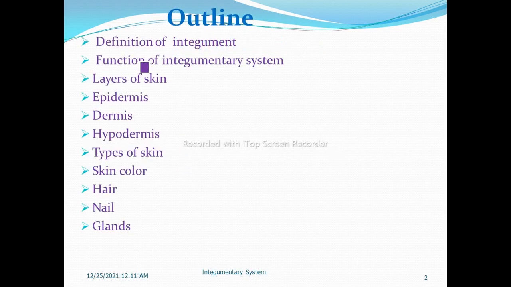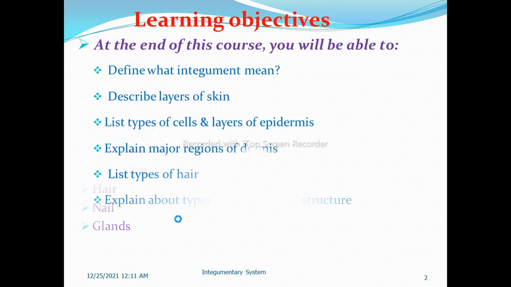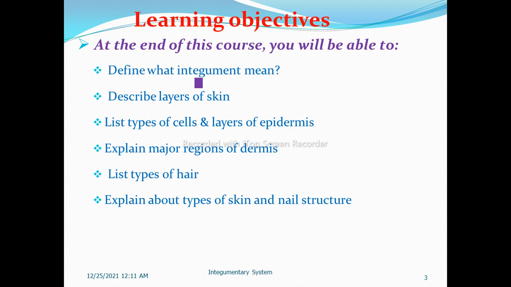This is the outline: definition of integument, function of integumentary system, layers of skin (epidermis, dermis, hypodermis), types of skin color, hair, nail, and glands. These are the objectives: define what integument means, describe layers of skin, list types of cells, and so on.